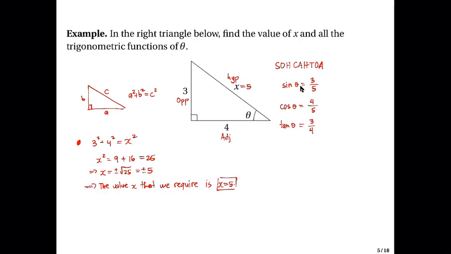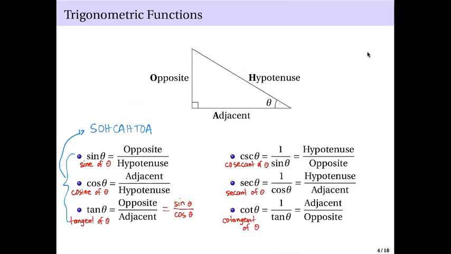And then, for the other 3 trigonometric functions, we need the cosecant, secant, and cotangent. Let's just use these definitions: 1 over sine theta for cosecant, 1 over cosine theta for secant, 1 over tangent theta for cotangent.